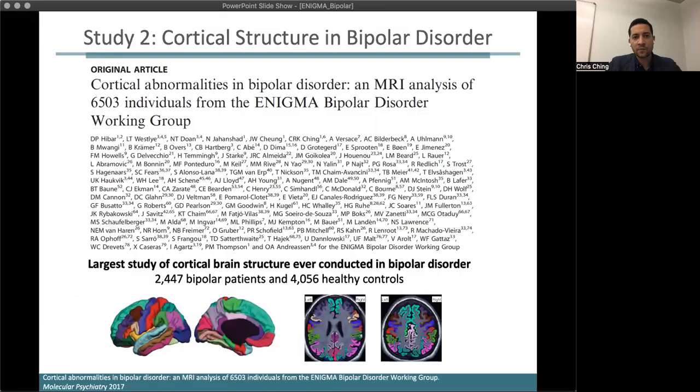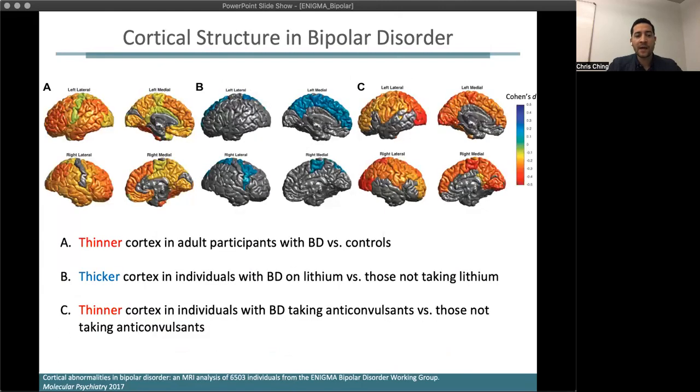Now, in our second study, we looked at cortical structure. So in the bottom right, you can see the highlighted outer sort of ribbon of layered cell bodies called the cortex. And we can measure different aspects of local thickness and surface area from these structures. And so, again, in a boosted sample of over 6,000 individuals, what we found was a widespread and subtle pattern of lower thickness associated with bipolar disorder.